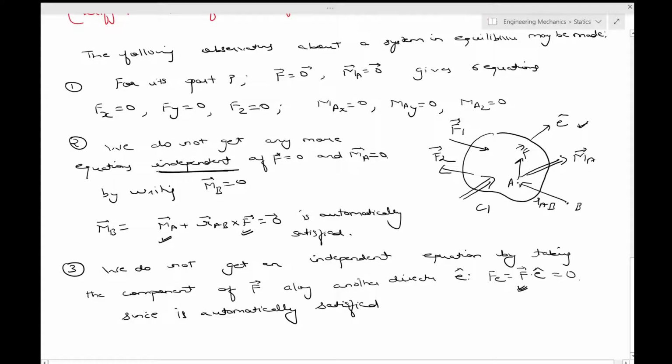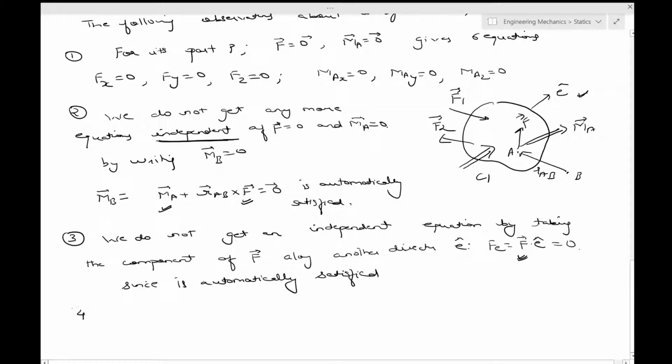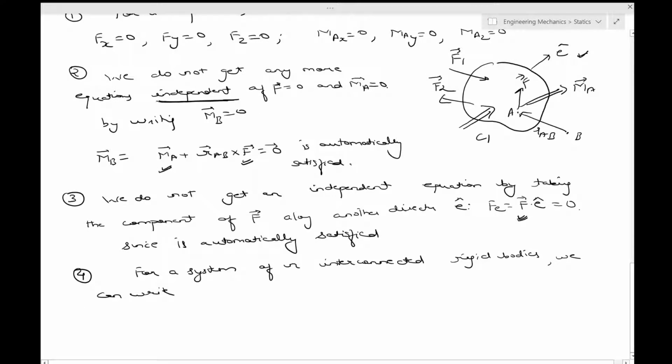Now if you take up 4, for a system of n interconnected rigid bodies, we can write 6n scalar equations of equilibrium.